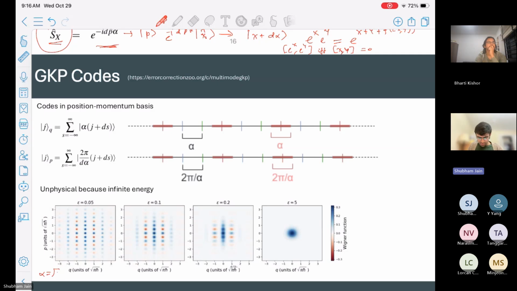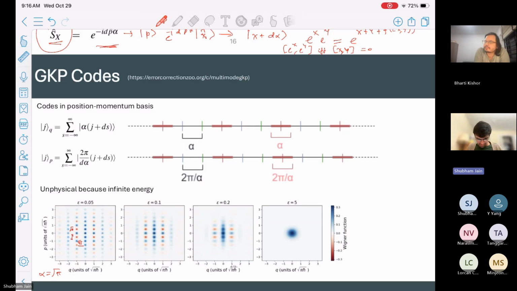So these are peak probabilities which are separated by alpha, and by 2 pi over alpha in the momentum grid. So alpha and 2 pi over alpha become the same thing if you choose alpha equals root pi. So these have separations of root pi, and these also have separations of root pi. So these are just these grids on the phase space.